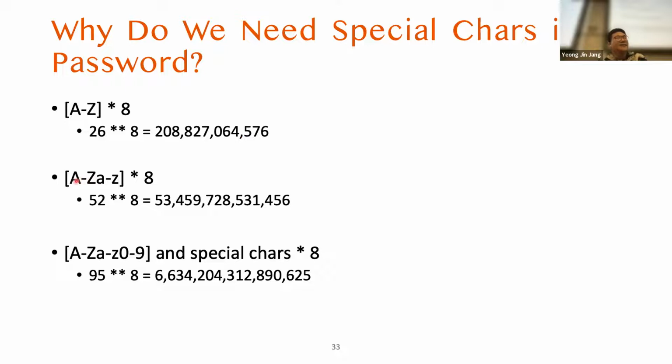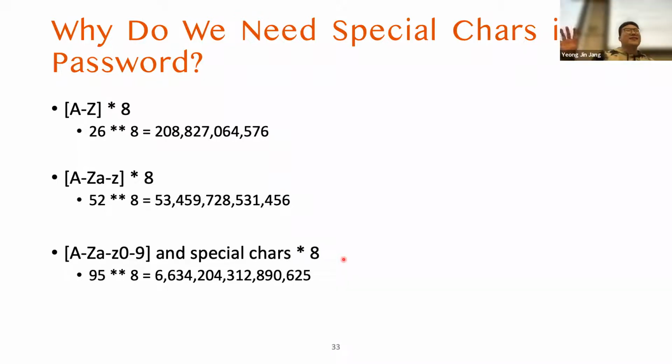If we add lowercase and mix lowercase and uppercase, then the total will be much more than that. If we include numbers and special characters, the number gets bigger and bigger. So suppose we are using a super strong password using all special characters, randomly generated, with 8 characters.